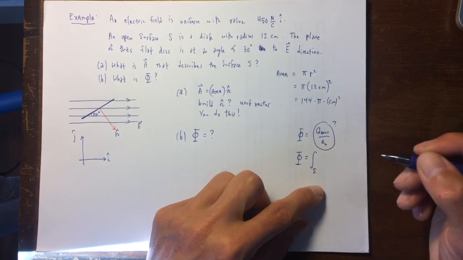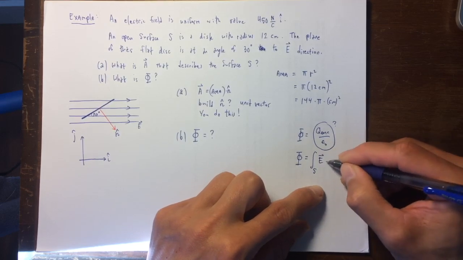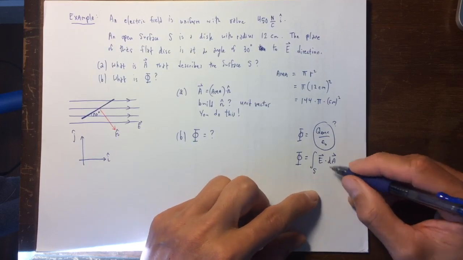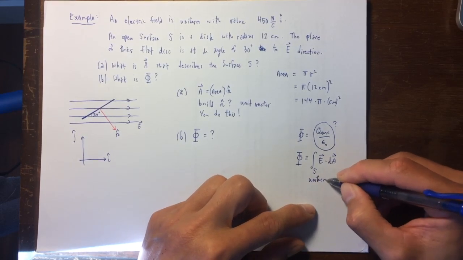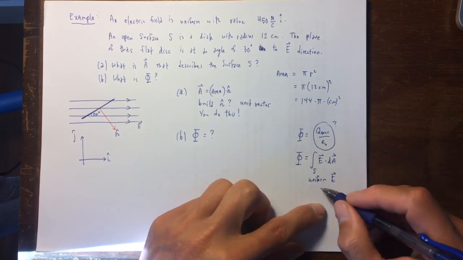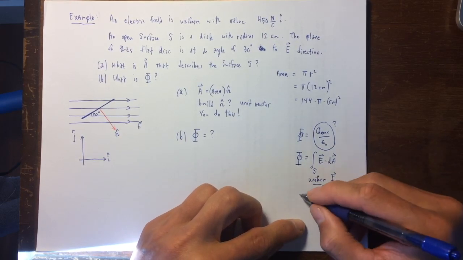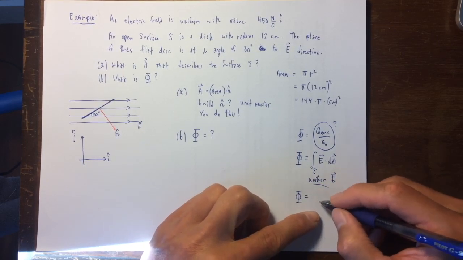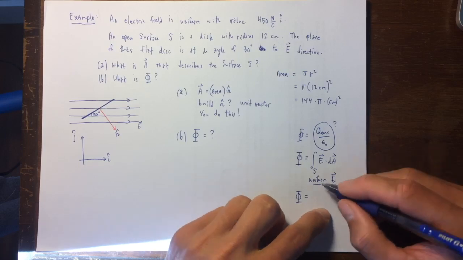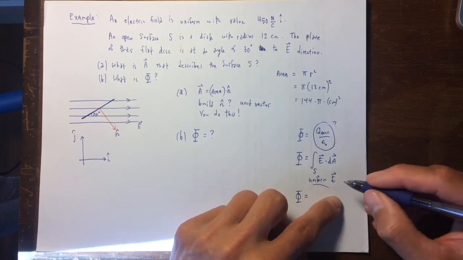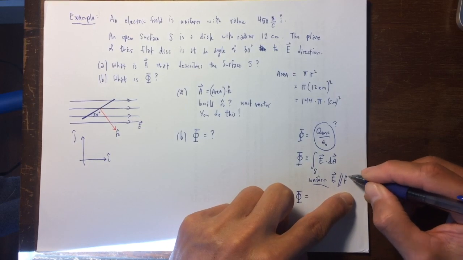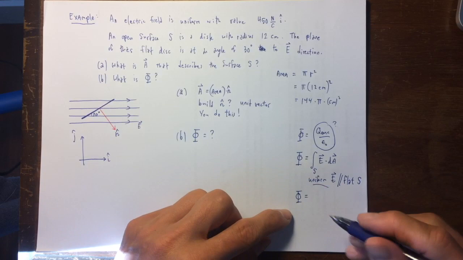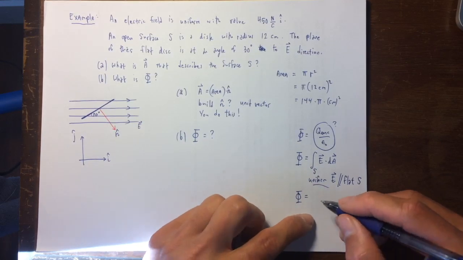You integrate over the surface of the electric field dotted with small area elements. But what we have is a uniform E. Actually, we have two things that help a lot: a uniform E and a flat surface S. These two things make the flux super easy to calculate.